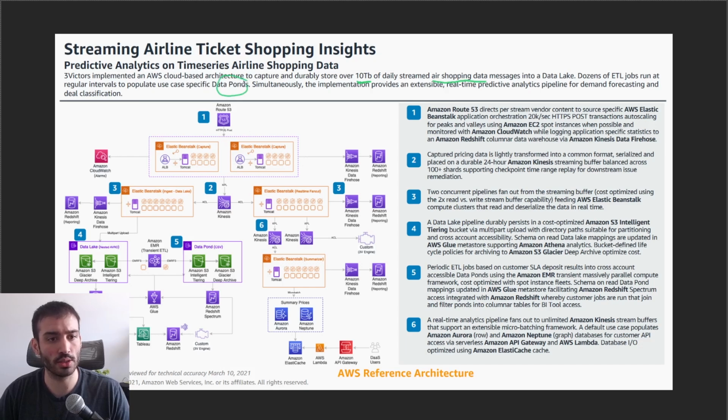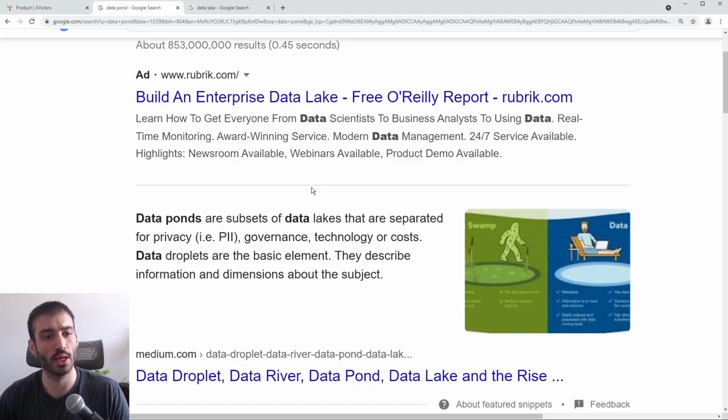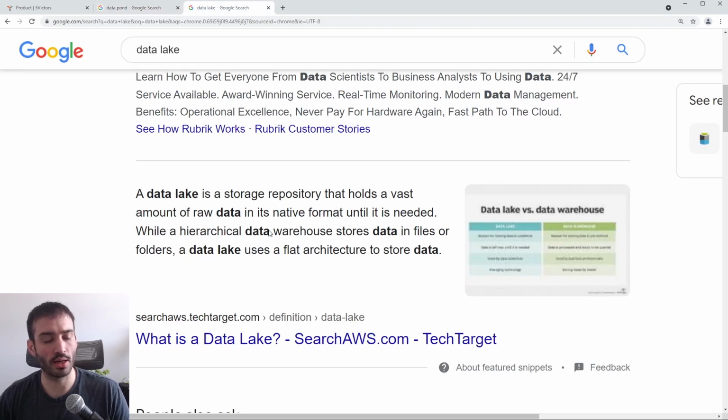By the way, they're using these terms a lot, data ponds and data lake. I'm not too big into the big data world. I had to look these up, so let's just show the definition here really quick. A data pond is a subset of data lakes that are separated for privacy, governance, technology, or costs. And a data lake, I've heard this term before, but let's go over the definition. A data lake is a storage repository that holds a vast amount of raw data in its native format until it is needed.